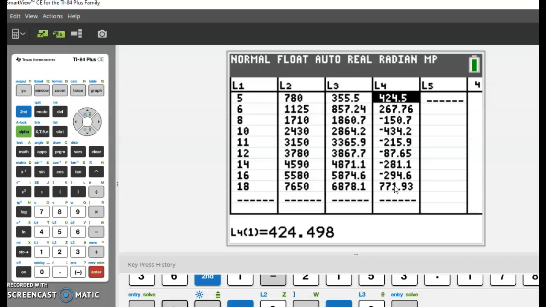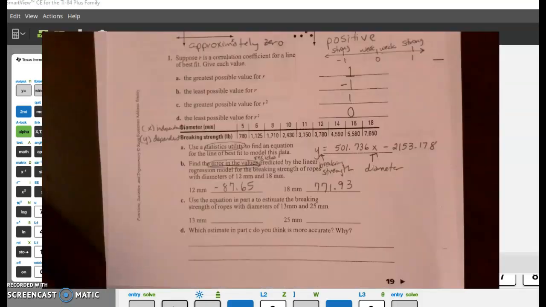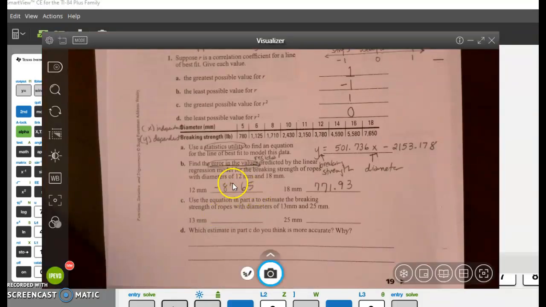Then when I go down to my next question on my paper, for the 12 millimeter, I wrote down the negative 87.65, and for the 18 millimeter, 771.93. Now I'm at letter C. It says use the equation in part A to estimate the breaking strength of ropes.